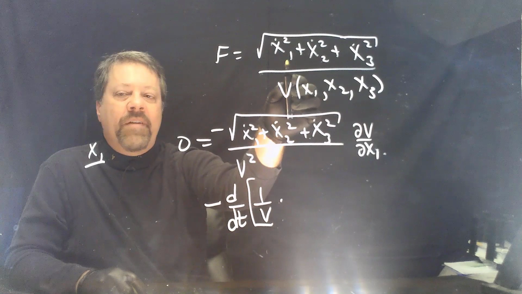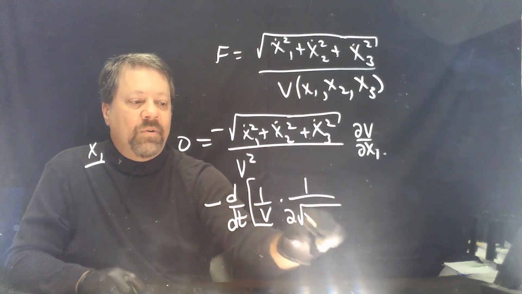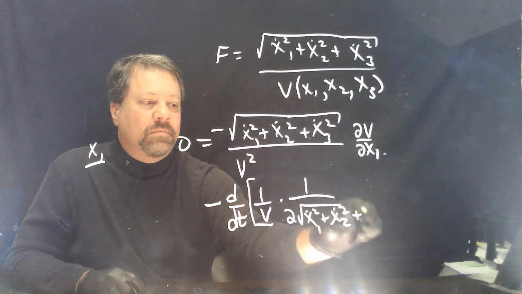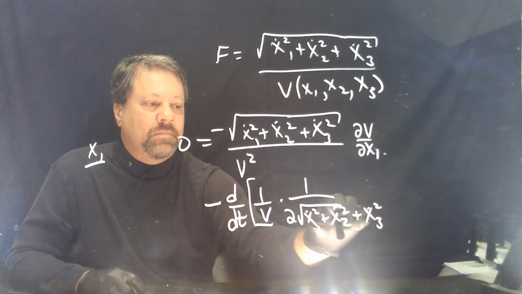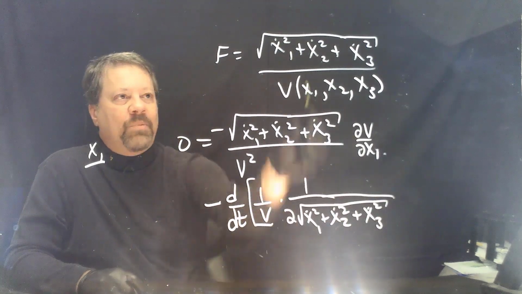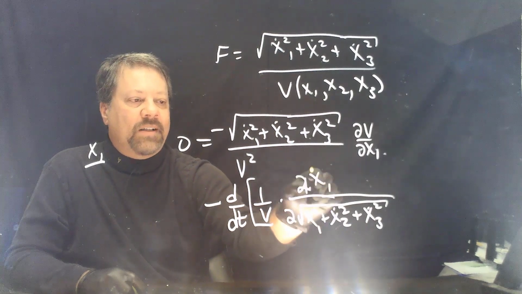The derivative of the square root is 1 over 2 times the square root. But by the chain rule, we have to multiply by the derivative of the inside, which is 2 x1 dot.